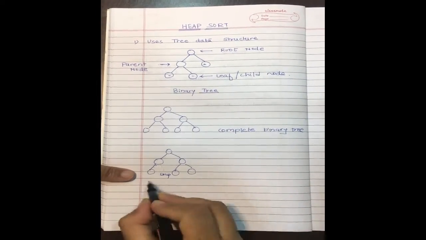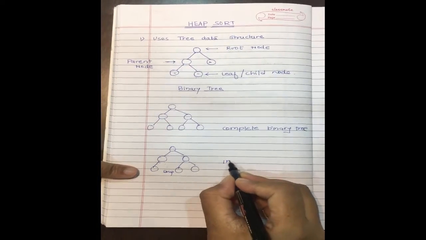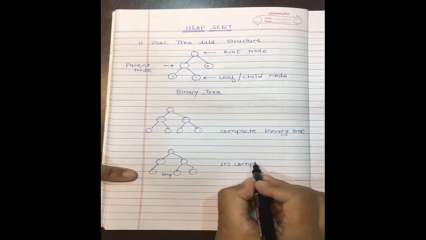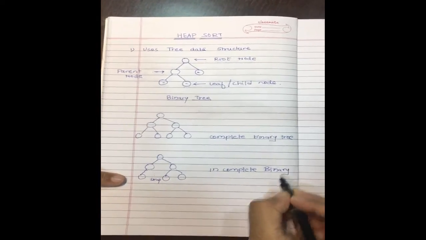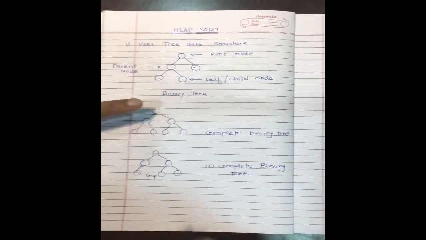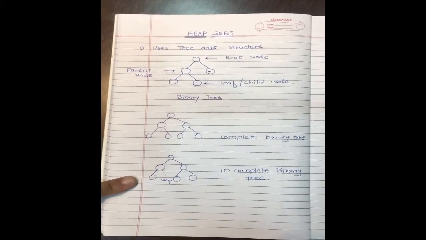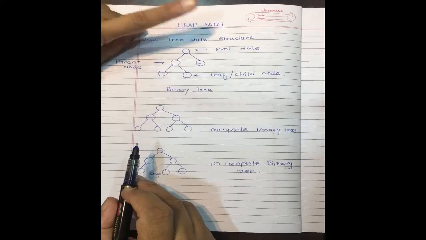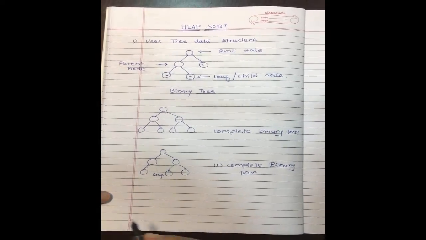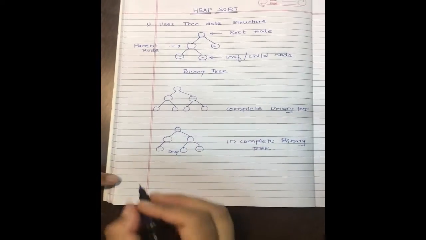So this kind of tree structure is called an incomplete binary tree. So we are going to use this complete binary tree data structure and incomplete binary tree data structure in our heap sort technique.